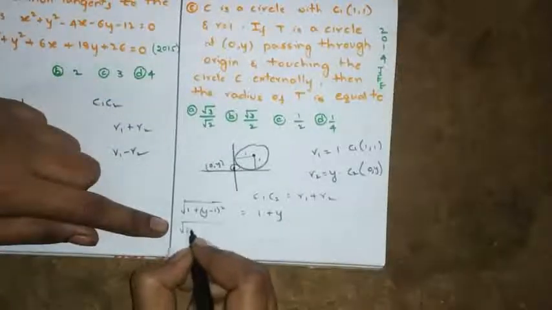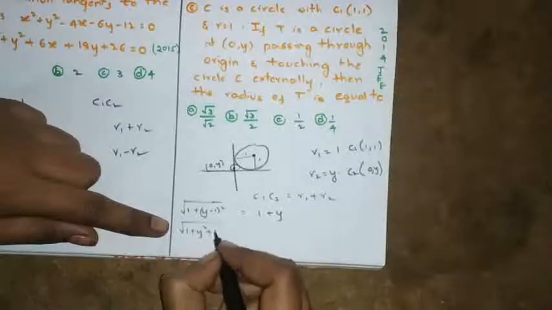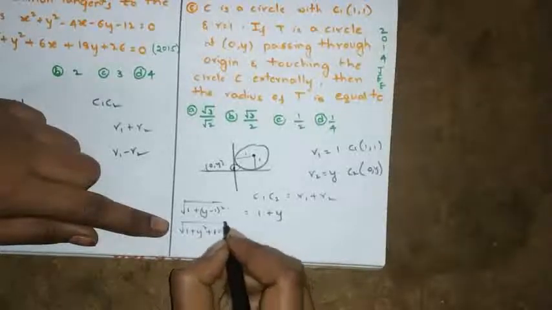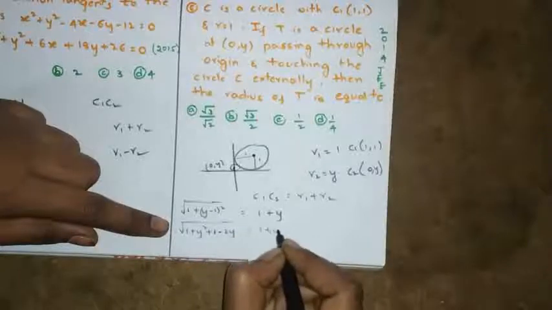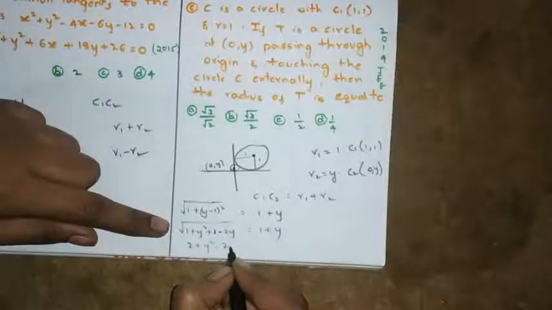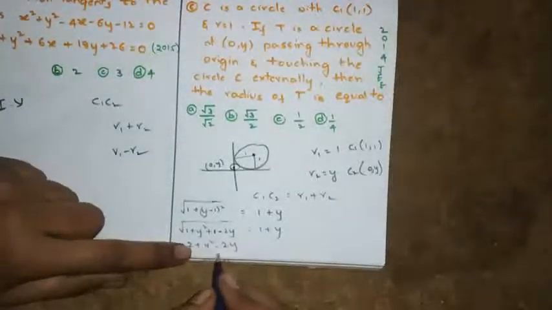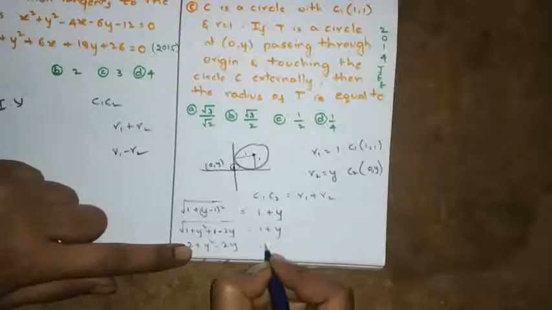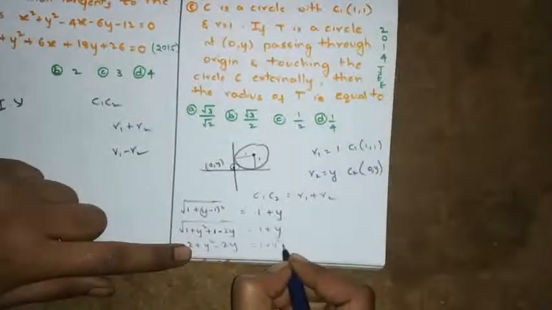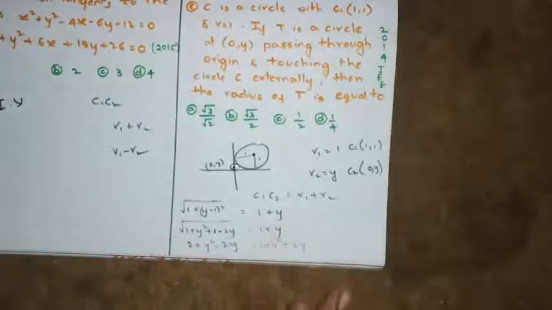Calculate that: 1 plus y square minus 2y plus 1, so 2 plus y square minus 2y, is under the square root, equal to 1 plus y. The square root, when it goes to the other side, becomes a square: 1 plus y square plus 2y.